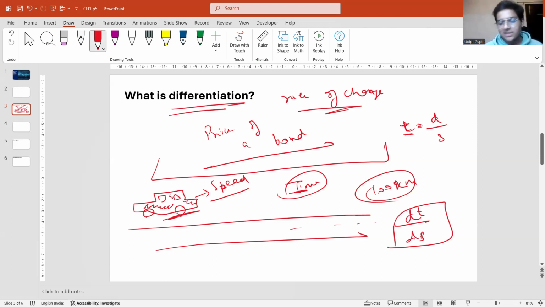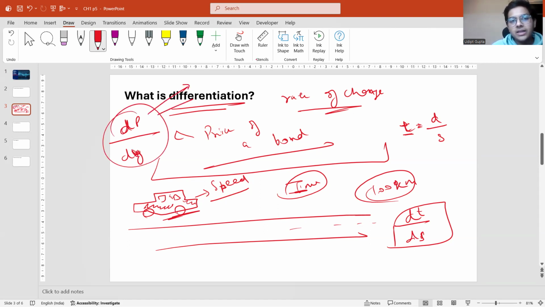This is in bond pricing also. The price of a bond is a function of the yield the bond provides. If yield changes, what is the price change? So let's say P is the price of a bond and dy is the change in yield.